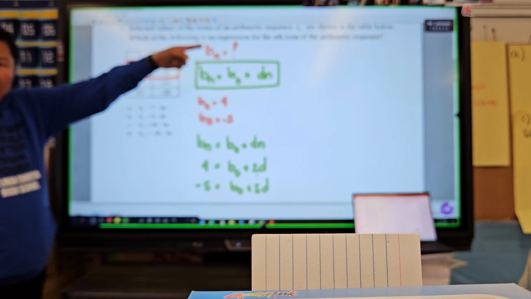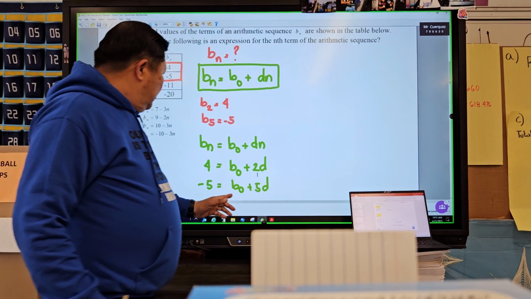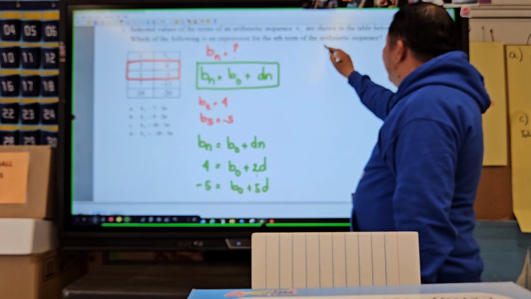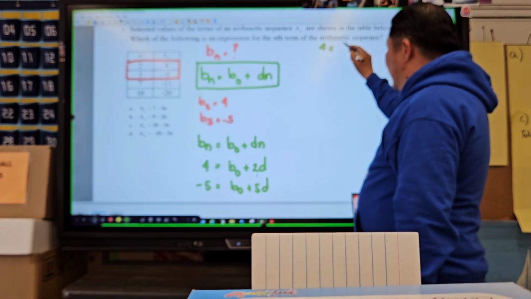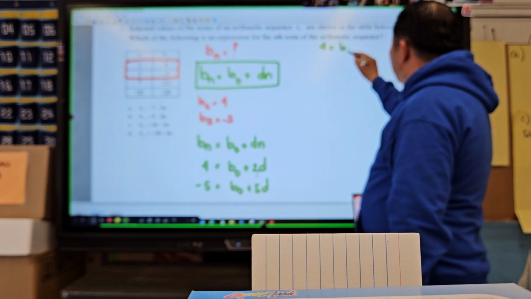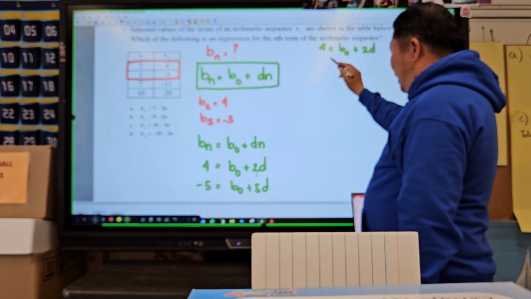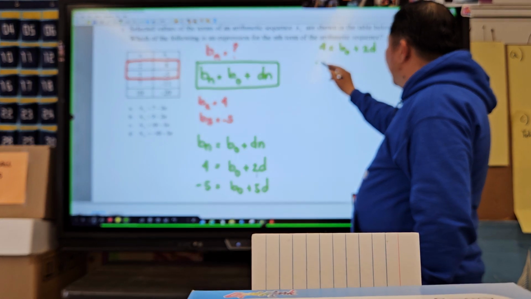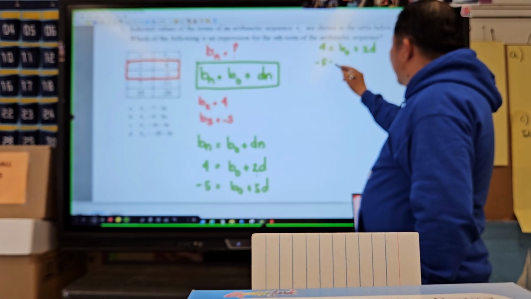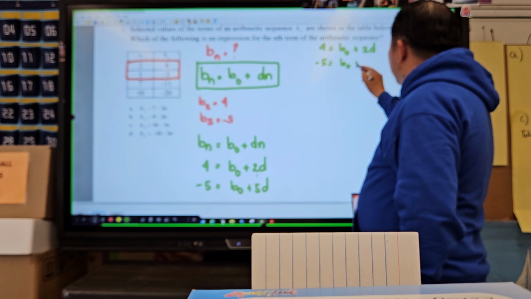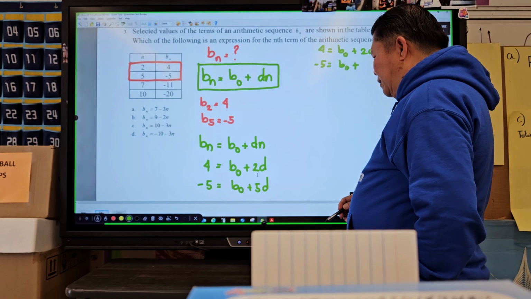I just rewrite this one right there. So I'll say 4 is equal to b sub o plus 2d, and then we have negative 5 is equal to b sub o plus 5d.